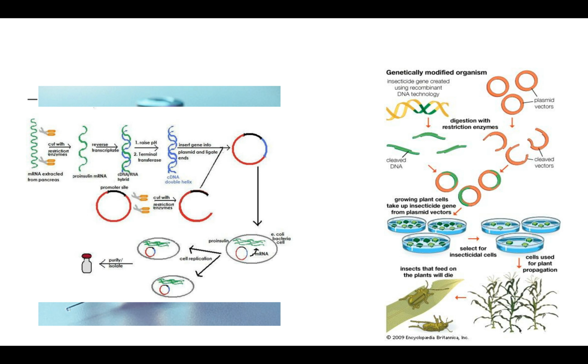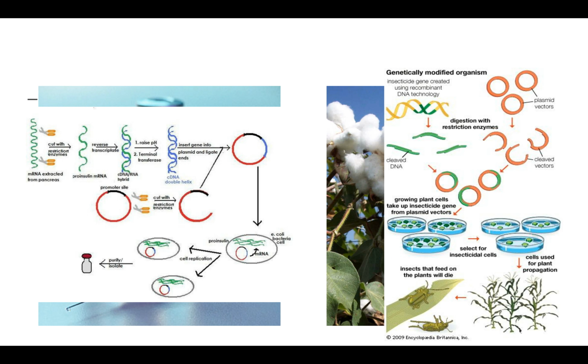Another example that we have is Bt cotton. We've seen images of Bt cotton. The Bt gene, from Bacillus thuringiensis, a bacterium, makes the plant pest resistant. So it stops the need for pesticides in this particular crop of cotton plant. We find bacteria with the Bt gene and we isolate it, just like we did with the human insulin gene from our insulin example.